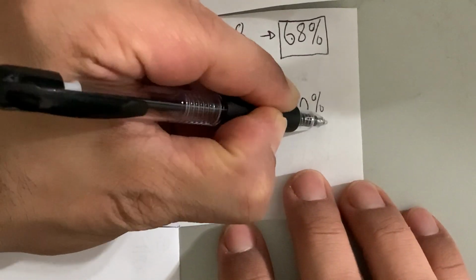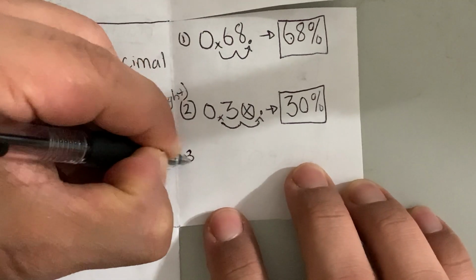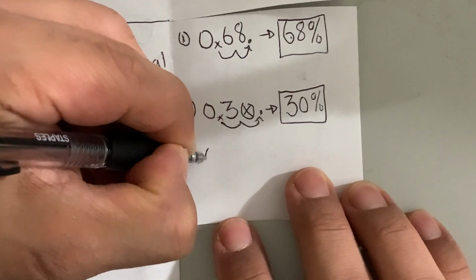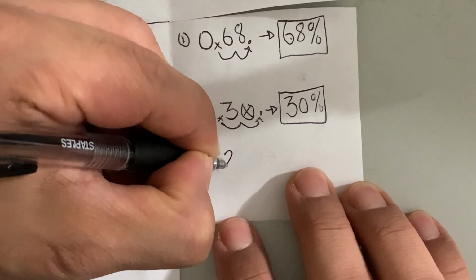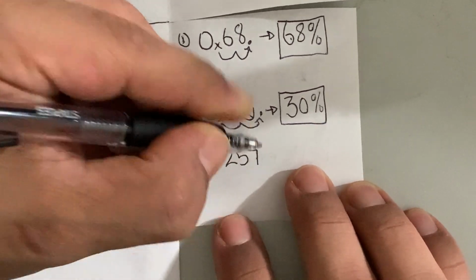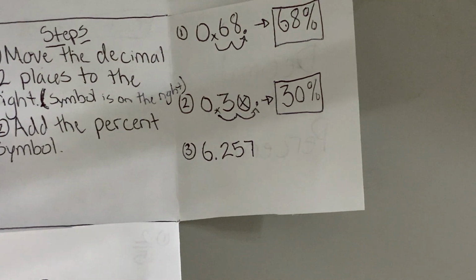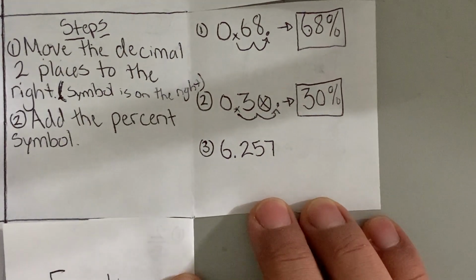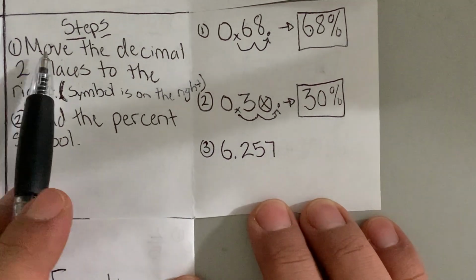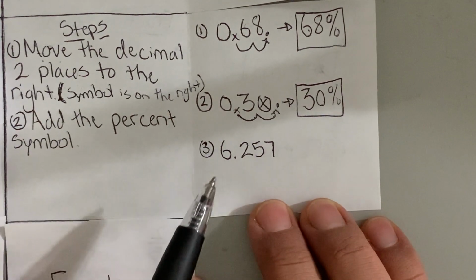Okay, now we're going to do one more. 6.257. I know it's a weird number, but again, the same rules apply. We're going to follow these same steps right here. The same step is it wants to be a percent.